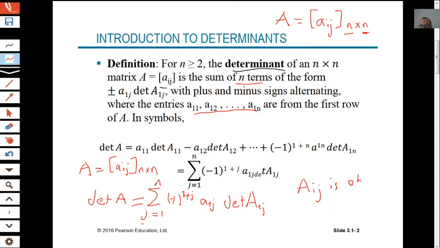by cancelling the ith row and jth column.